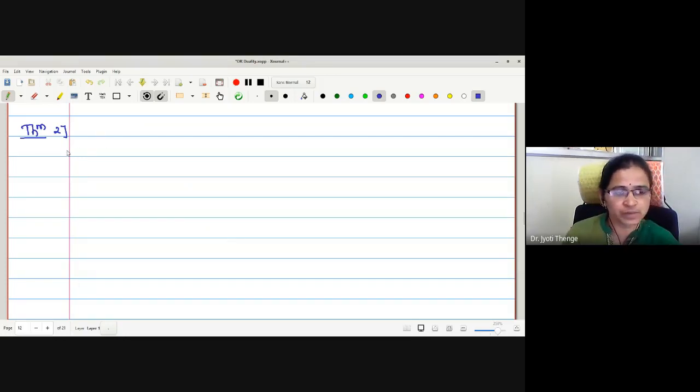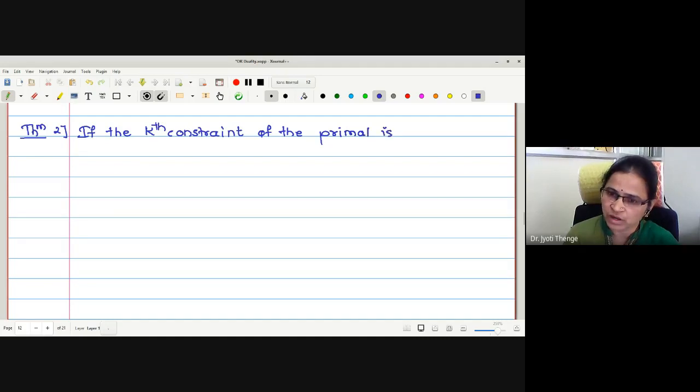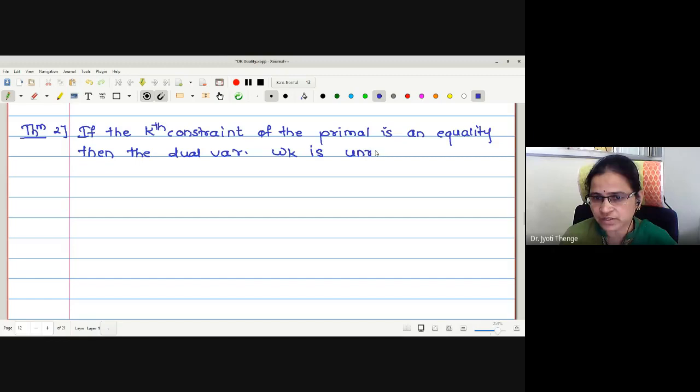For this theorem number 2, I will write: if the kth constraint of the primal is an equality, then the dual variable wk is unrestricted in sign.